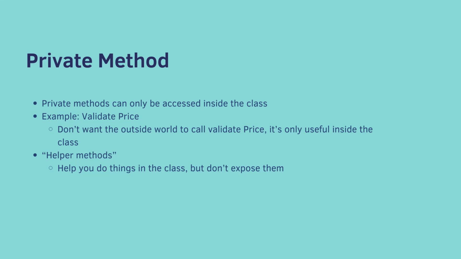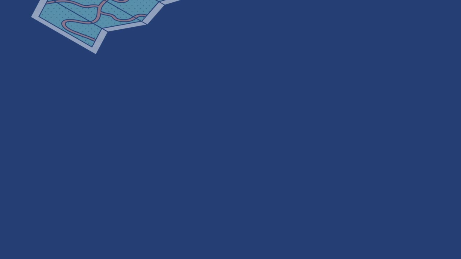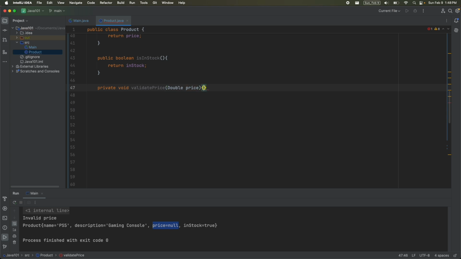So let's go back and write the same code, just doing it in a slightly different way. Okay, so let's create a new method. It's going to be private. It will return void. We'll call it validate price. It's going to take in a double called price. Then we'll check if price is less than 0.0.